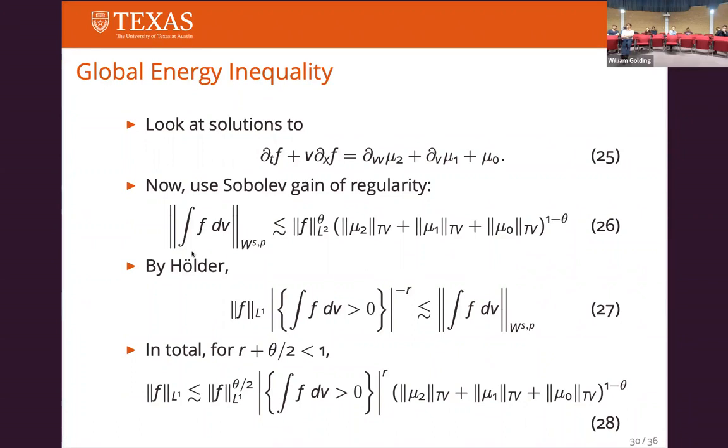And if I only have the v derivatives, I actually gain Sobolev regularity. And now I can use Sobolev embedding and Holder to come up with an energy inequality that looks like this. And this L2 became an L1 because everything's 0 valued.